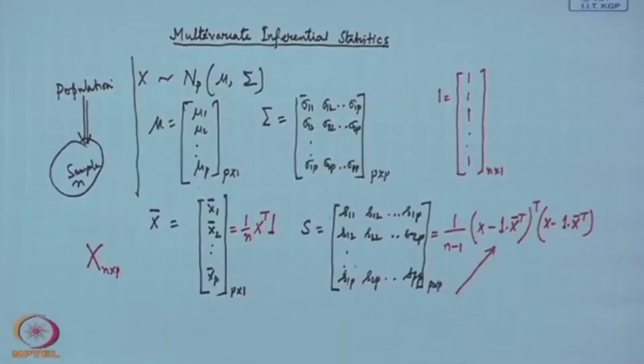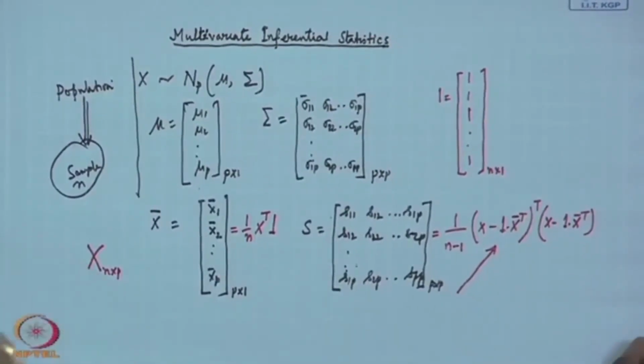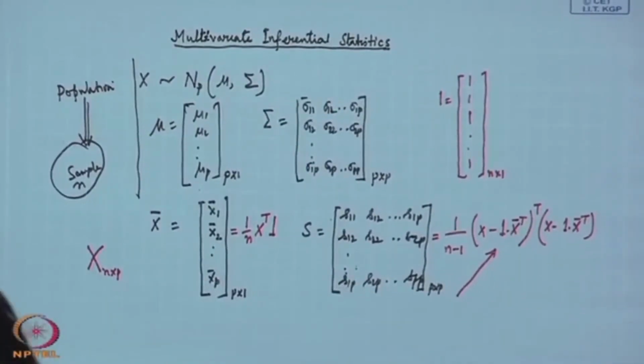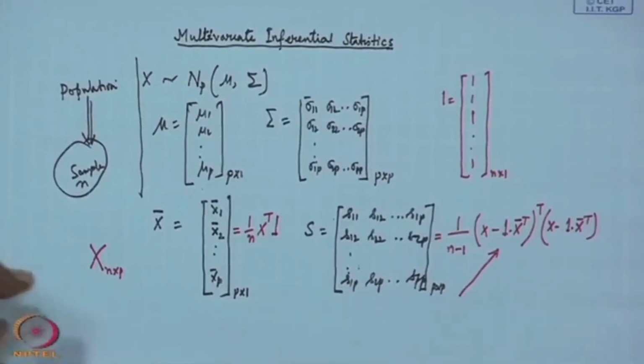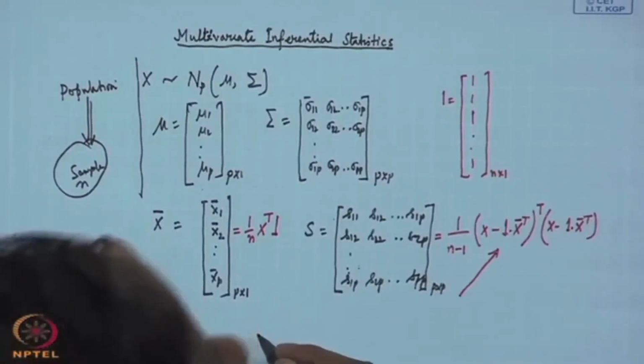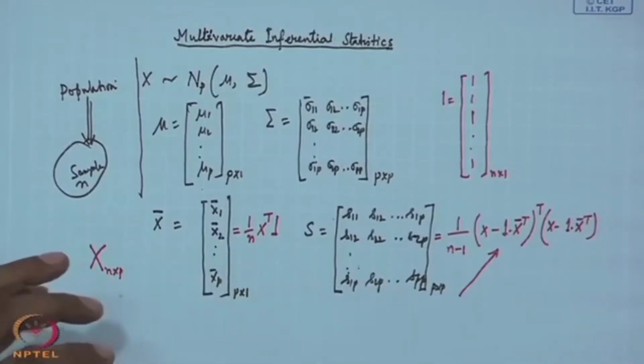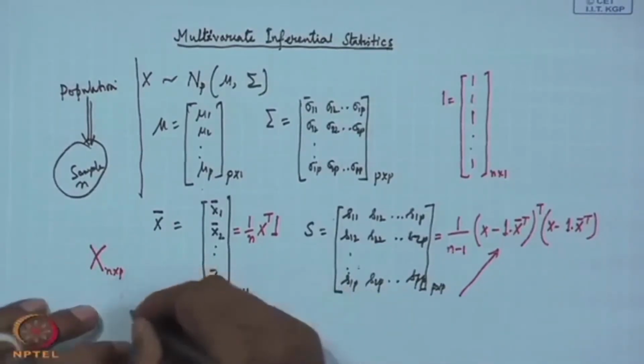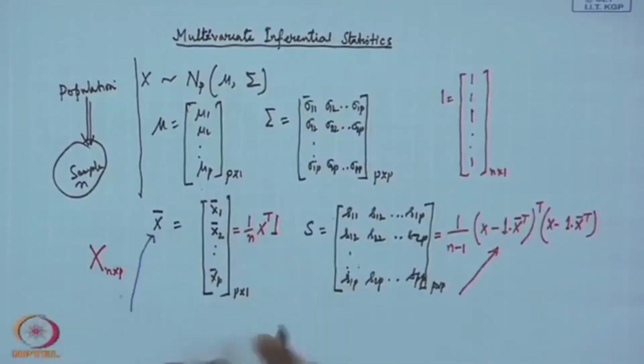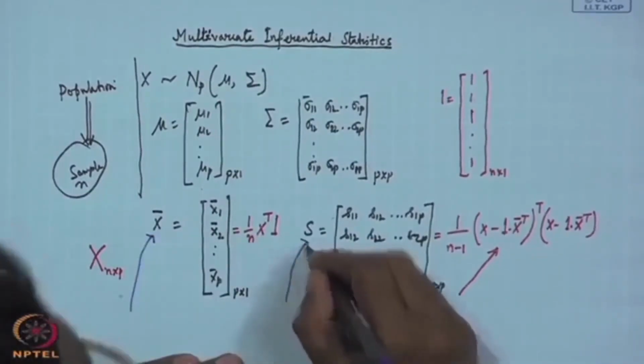Now, when we talk about inferential statistics, as you have seen in the univariate case also, we talk about the distribution of the statistic of interest. For example, you may be interested to know what is the distribution of x bar. Similarly, what is the distribution of S?